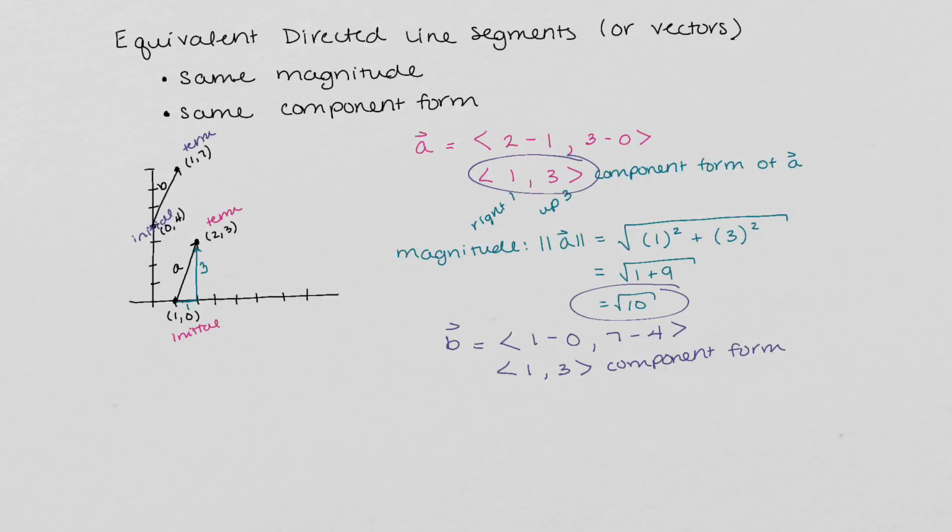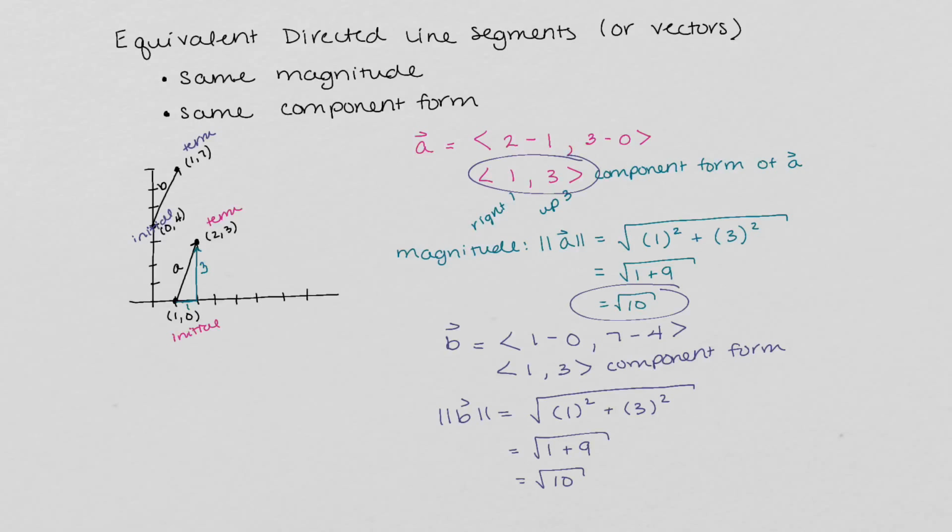And so my magnitude for B is equal to, now we don't actually have to calculate that change in x because we did it when we found component form of the vector. When we wrote it in vector form, we already found those distances. So this is 1 squared plus 3 squared. And that is the square root of 1 plus 9, which is the square root of 10.